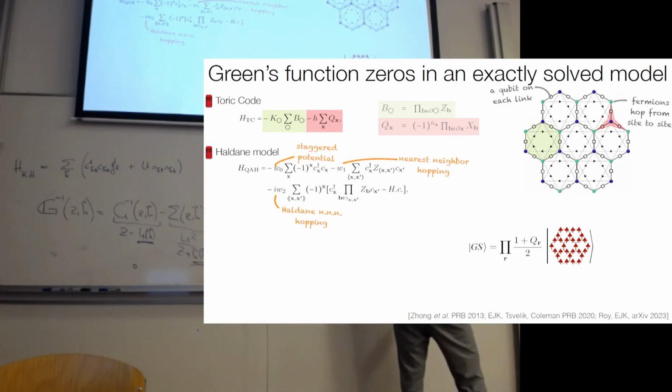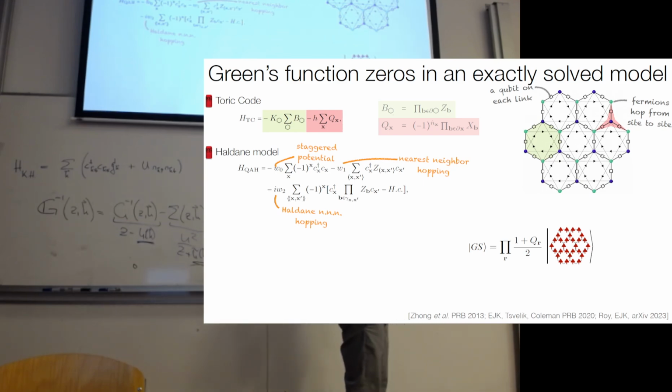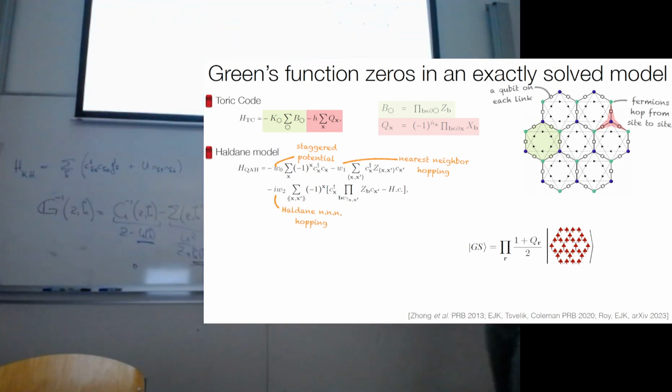And in particular, depending on the sign of W2, it gives you sigma Hall equals plus or minus e squared over h. So that's the Haldane model.